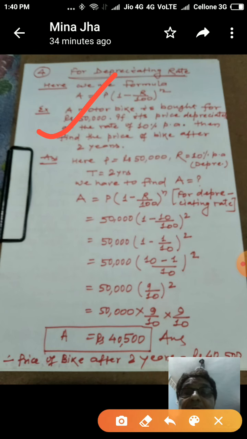So here a motorbike is bought for rupees 50,000. If its price depreciates at the rate of 10% per annum, then find the price of bike after 2 years. So here we first write the information. The present price of bike is rupees 50,000.